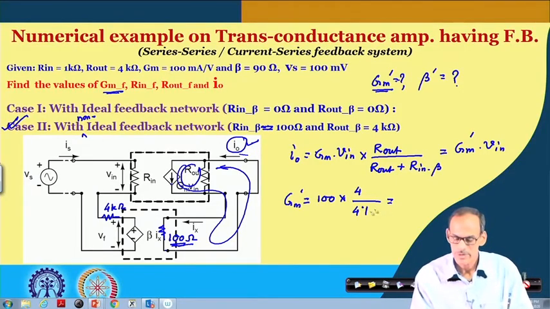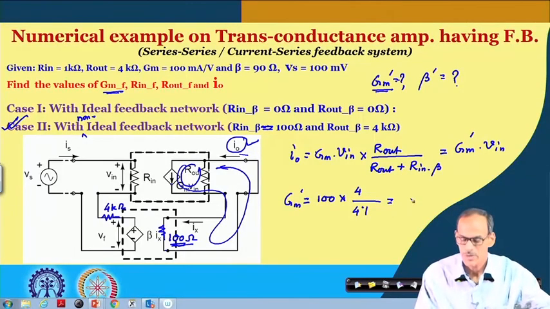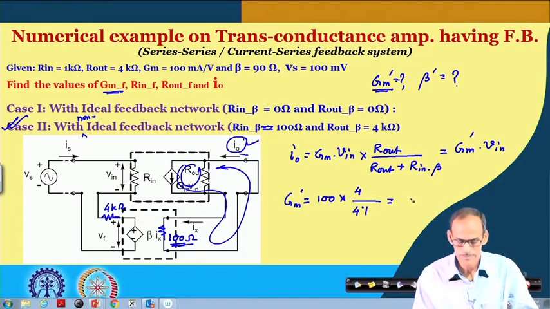So, whatever value is coming, that is equal to 400 divided by 4.1. So, that is 97.56 milliampere per volt.